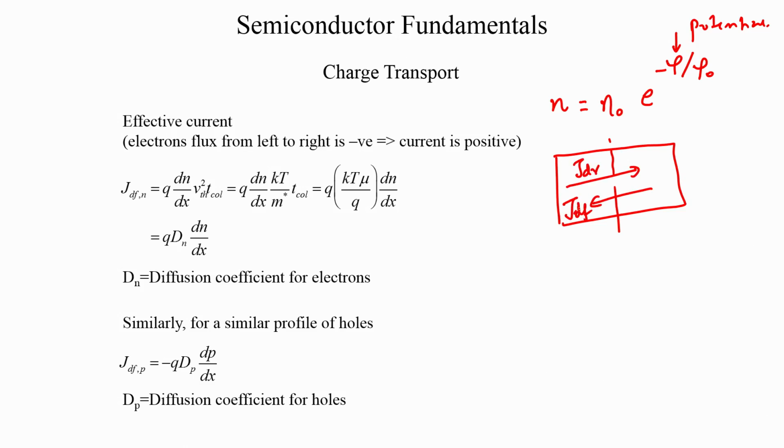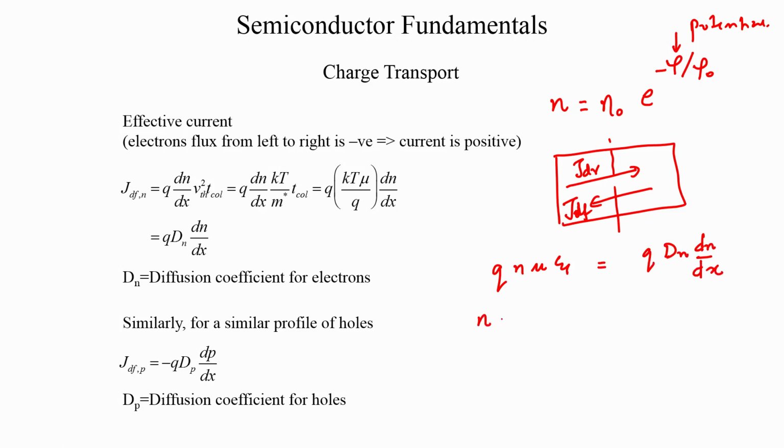So, at thermal equilibrium you cannot have net currents. Let us only take electrons as an example. Let us say electrons are the only carriers. So, you need to have q n mu electric field matching your diffusion current, which is q D dn by dx.